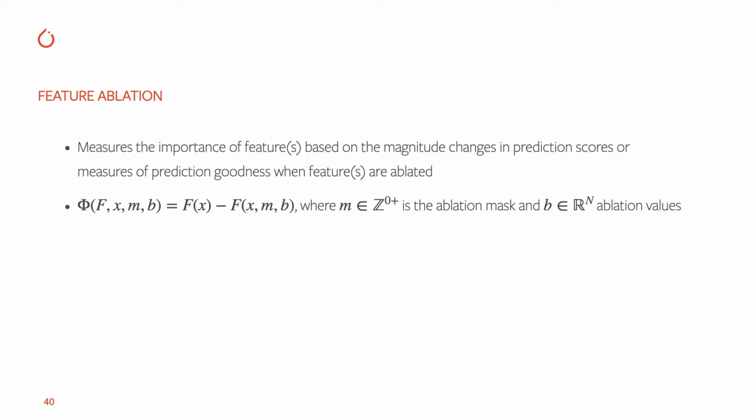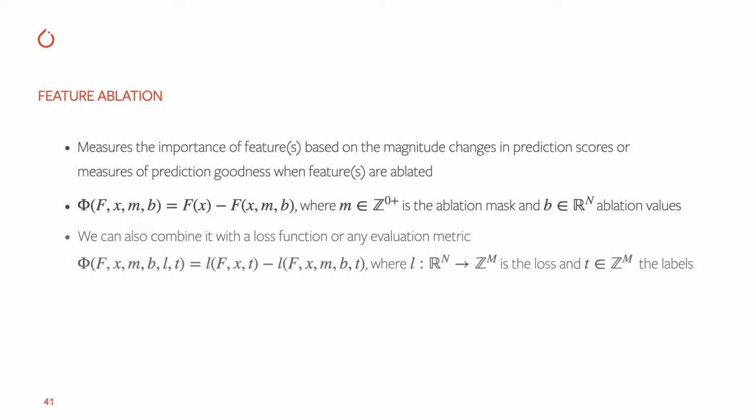Formally, example-based feature ablation can be defined as the difference of our neural network function's output without and with ablation. Here, feature masks are denoted as M, and ablation values are denoted by B. We can also use feature ablation for a dataset in combination with a loss function or a performance metric, such as accuracy, and also use human labels.